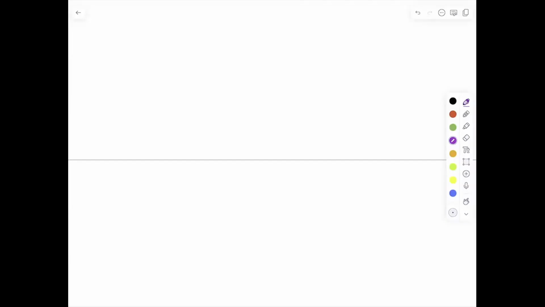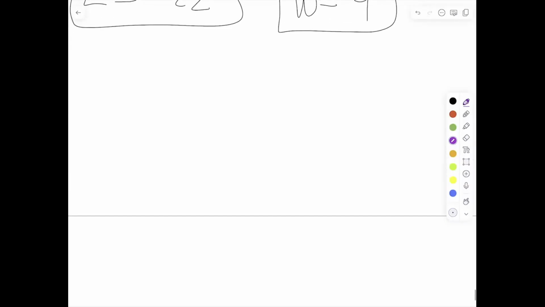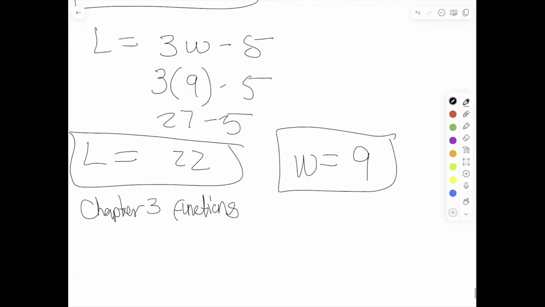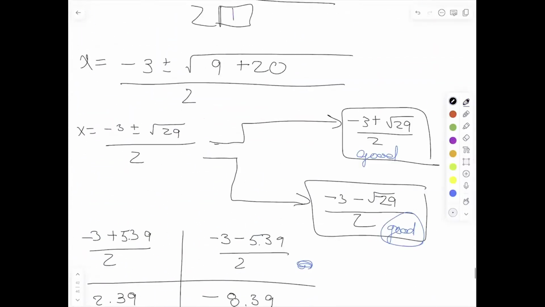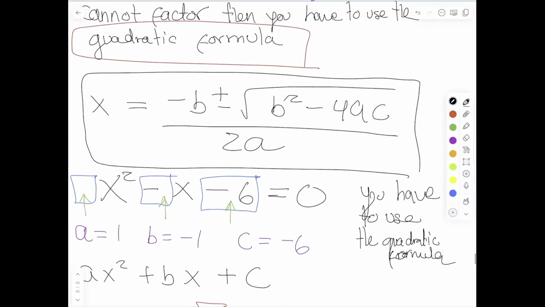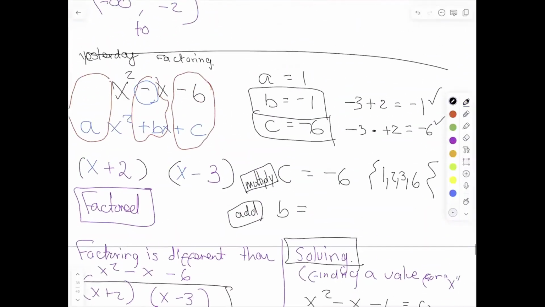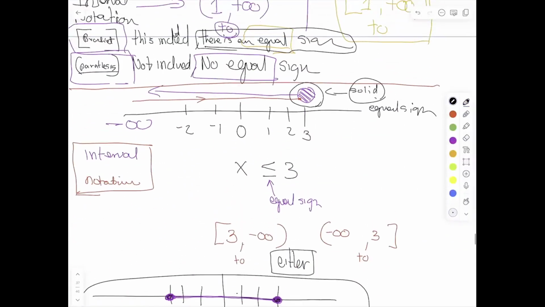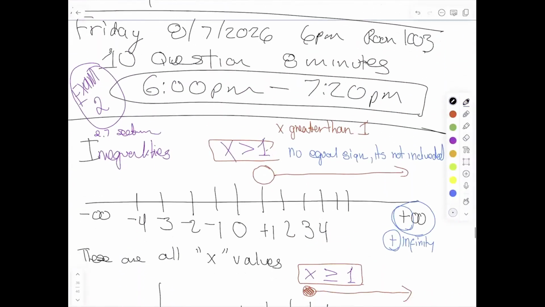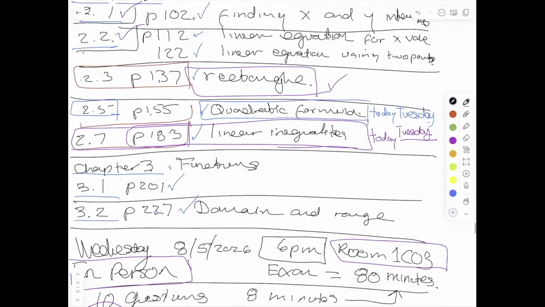Okay, so I'm resuming the recording. We are now in chapter 3, and we are doing functions. For those of you who are keeping count and track of the topics, chapter 3 is right here.